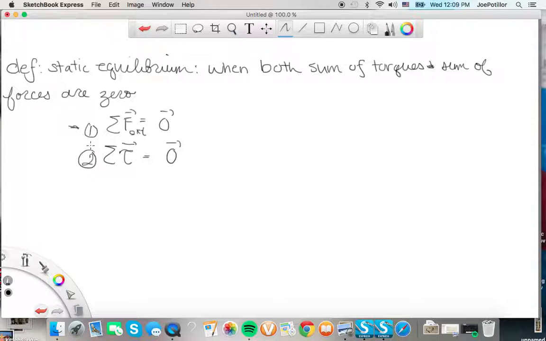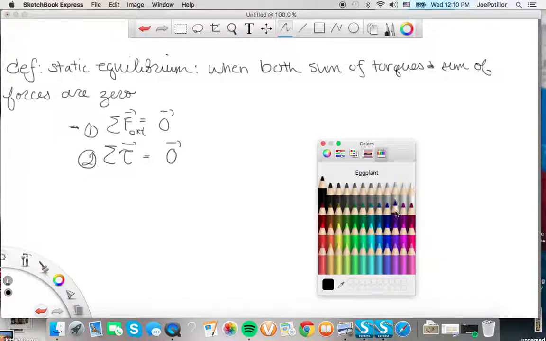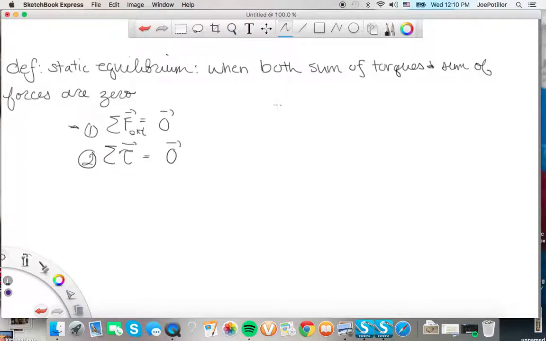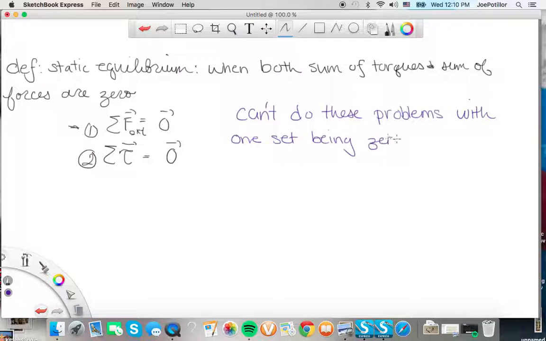I'm going to make sure you take very good note of this point: you cannot do these problems with one set being 0. Both must be 0.